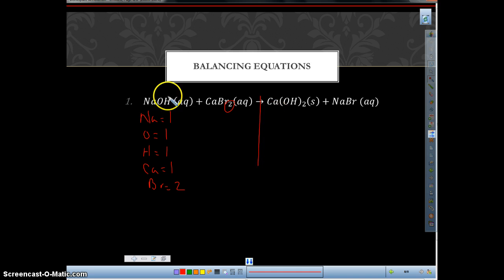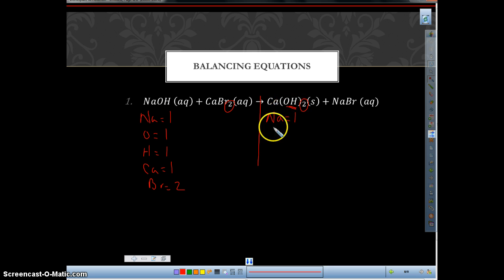Then on this side, what I typically do to not get confused, however I list the reactants over here, that's how I list the products. So if I listed sodium first, I'm going to do that over here too, just so I can keep it all straight. And I would do that throughout the equation. Alright, so here I have 1. Now, on the oxygens, here's where you want to be careful. Oxygen is in this parenthesis, okay? There's 1 in here, but this 2 out front indicates I have 2 of this thing, hydroxide, OH.